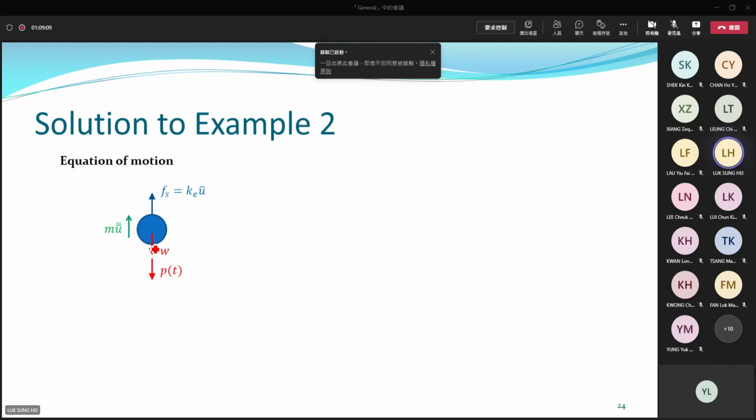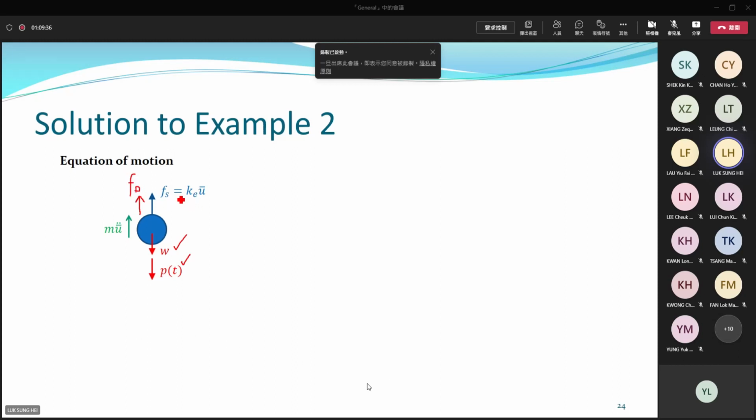In this problem, we have a mass at the free end of the cantilever beam. This mass has a self weight, and then we have an applied dynamic force P. Normally there are two resistances against the applied loading: the damping force and the stiffness force.